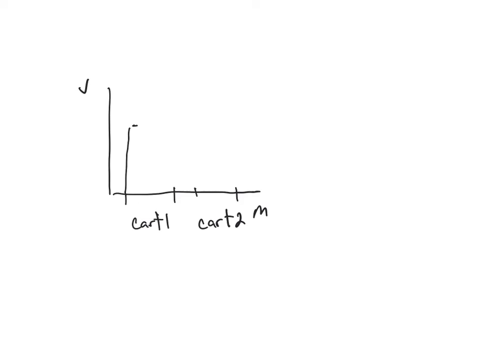Now let's take a look at the situation where they stuck together. So we have V, we have M, we have cart 1, we have cart 2, we have some initial velocity, and so we have some momentum.